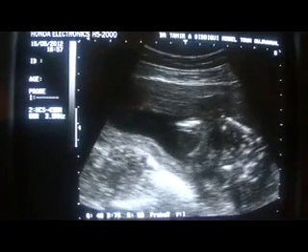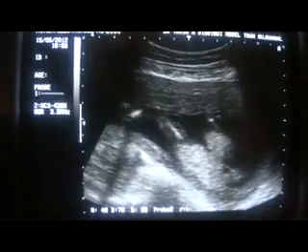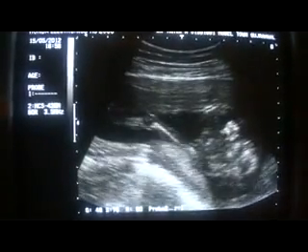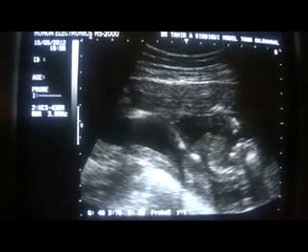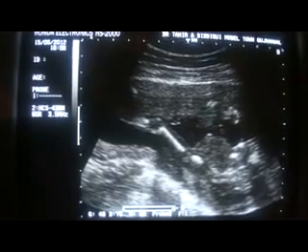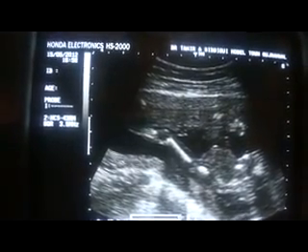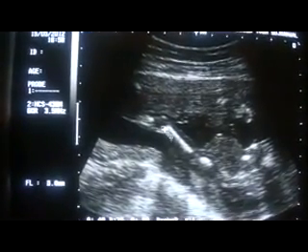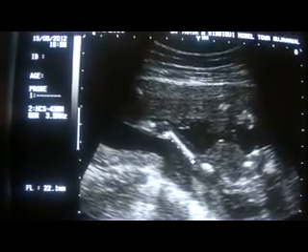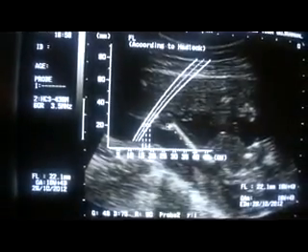So this is the body of the fetus in longitudinal section, and this is an outpouching which is measuring 1.86 into 1.82 centimeters, and here you can see it's continuous with the anterior abdominal wall.